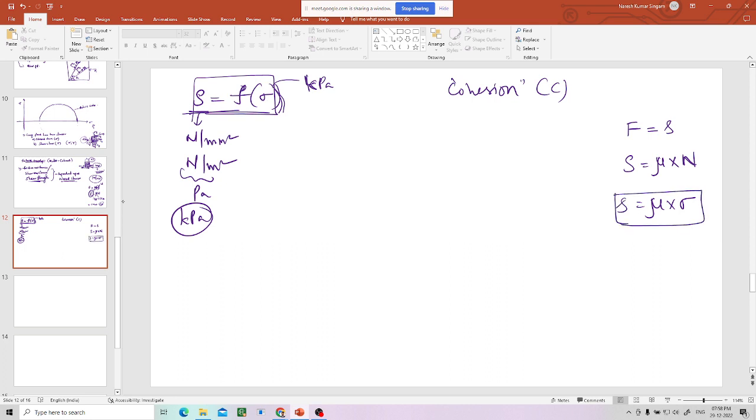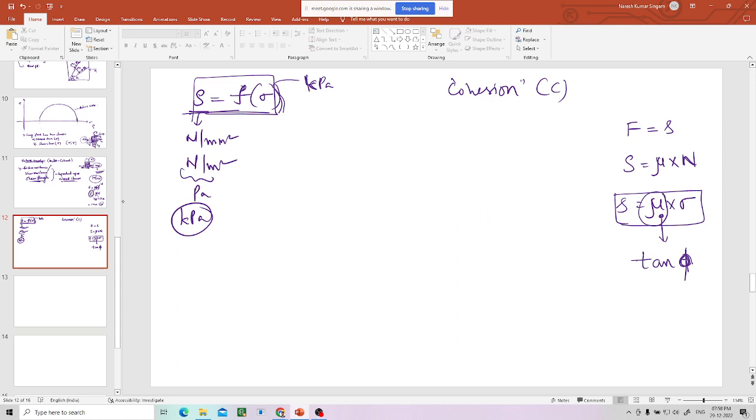That we understood from that analogy. Now what is this mu? Mu is nothing but tan phi, the frictional coefficient. This is the friction angle. If you take the tangent of the friction angle, you will get the frictional coefficient.